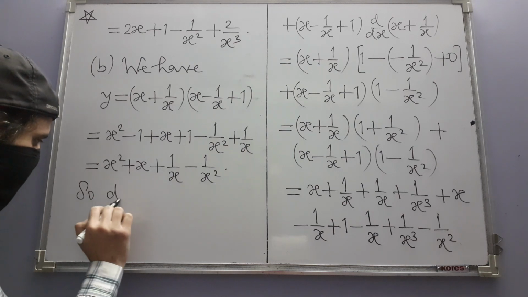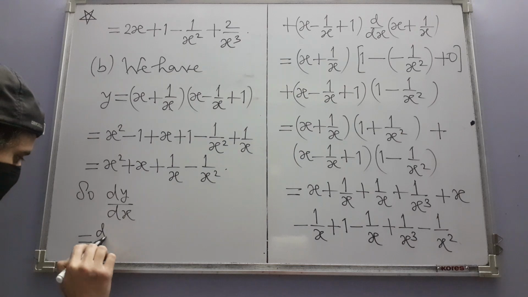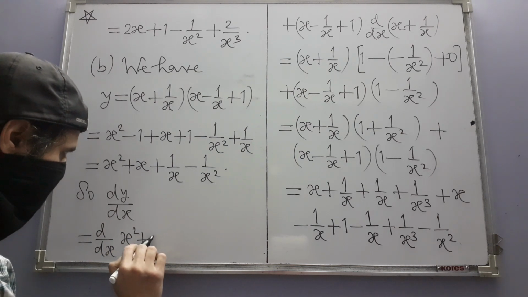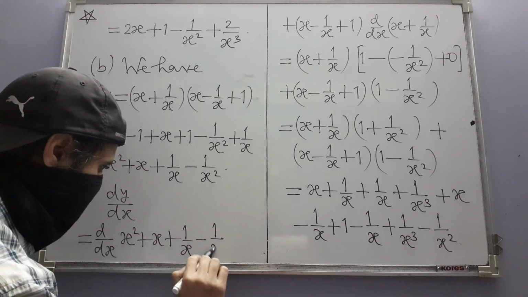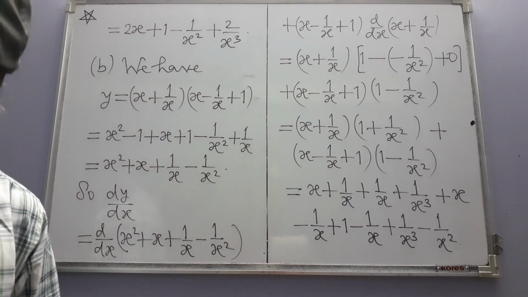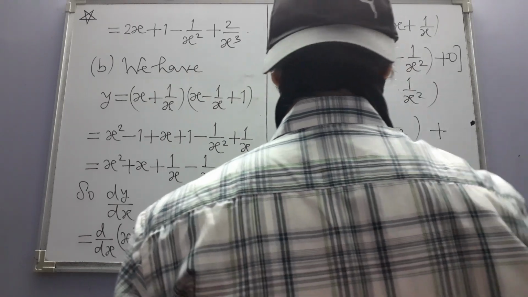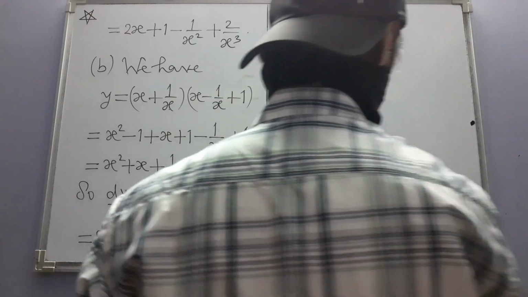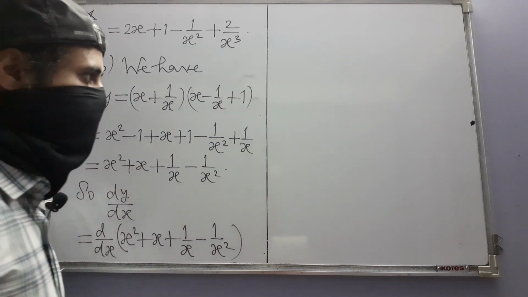So now if we differentiate x square plus x plus 1 over x minus 1 over x square. So differentiating x square gets us 2x.